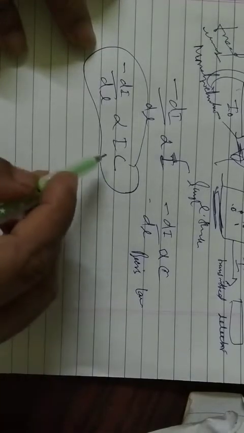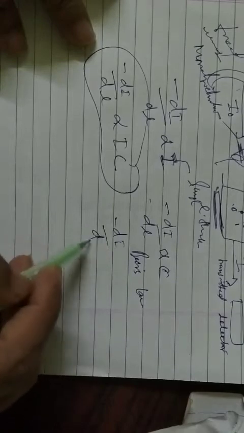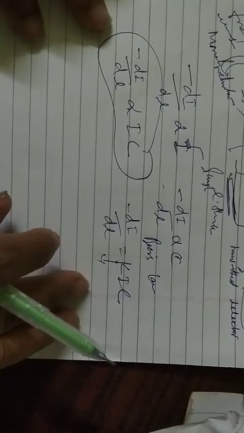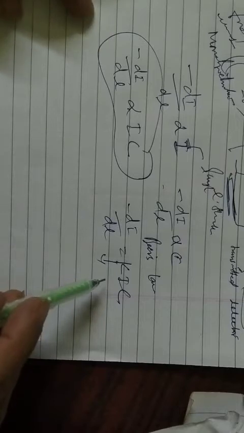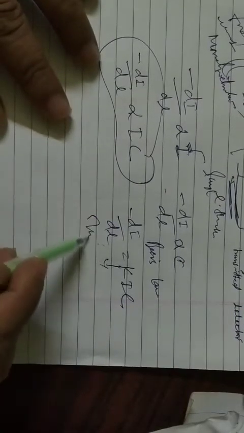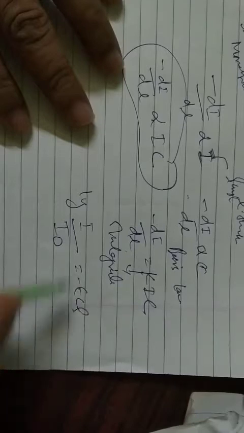Now I can remove the proportionality, so I can write minus dI by dL is equal to KIC, where K is a constant, the Beer-Lambert's constant. Now if you integrate this, you get log of I by I naught is equal to minus epsilon CL.